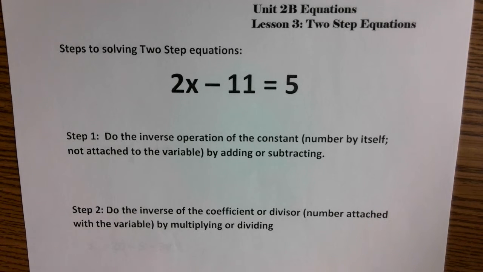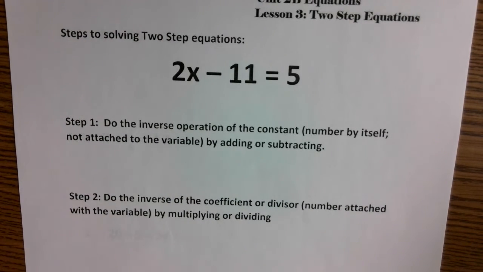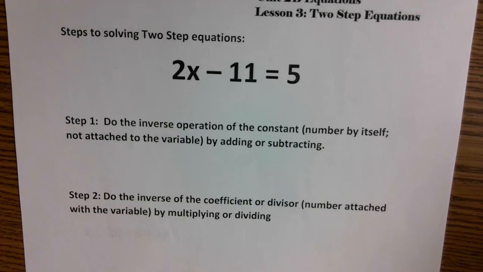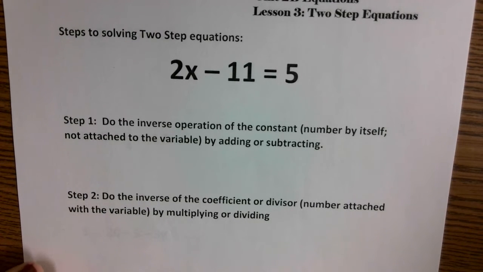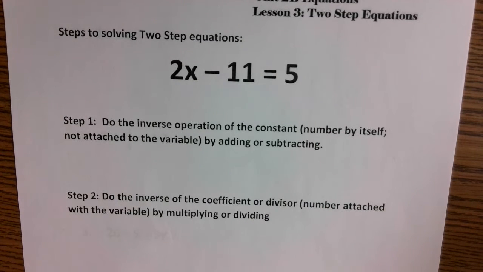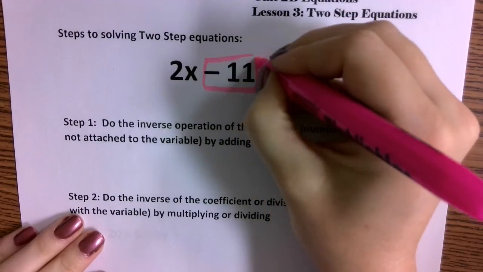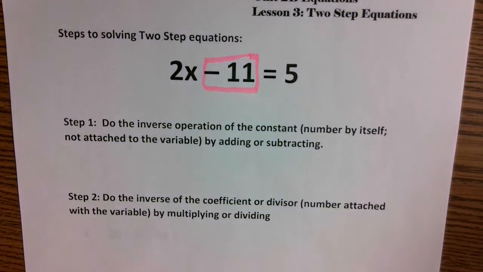So the first thing that you have to do is, well, first of all, you need to understand which numbers up here are your coefficients and which numbers up here are your constants. So remember, when we talk about a constant, it is a number that is by itself. It is not attached to the variable. So in this case right here, this minus 11 is the constant.